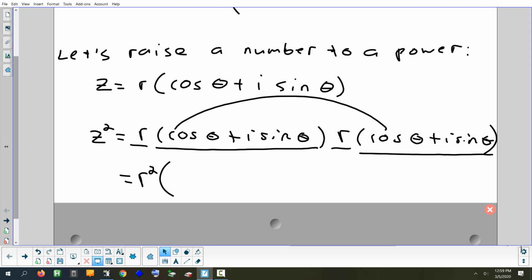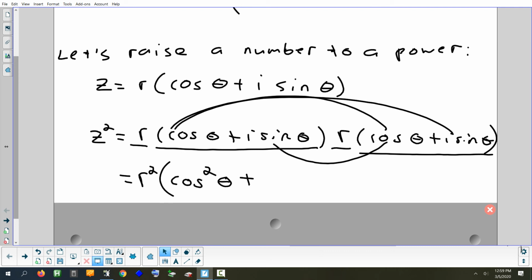What's cosine times cosine? Cosine squared. Yep, cosine squared. And then cosine times I sine is just cosine times I sine. But then this is also cosine times I sine. So how many of the cosine I sines do you have? 2. So what we're going to do is write it like this.